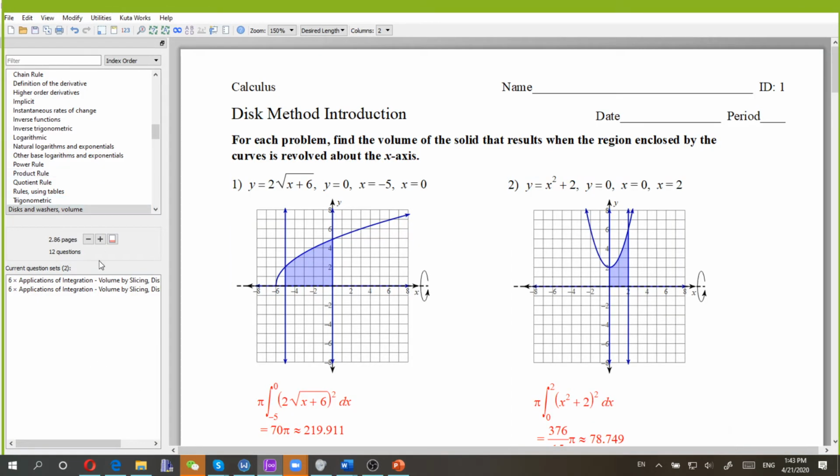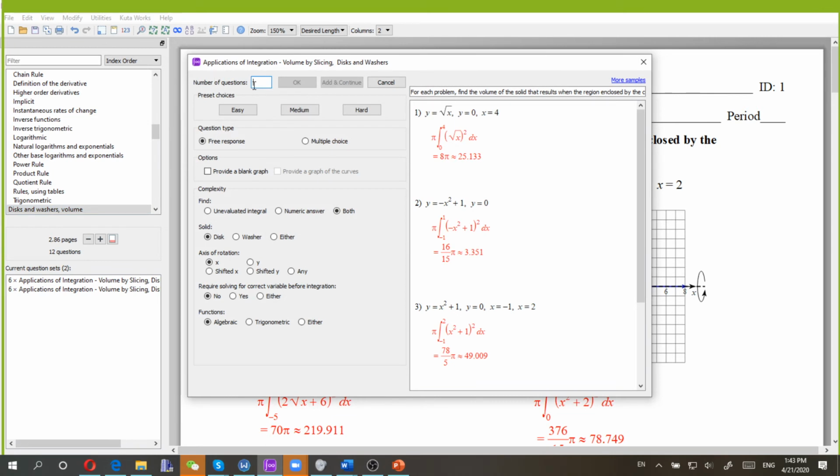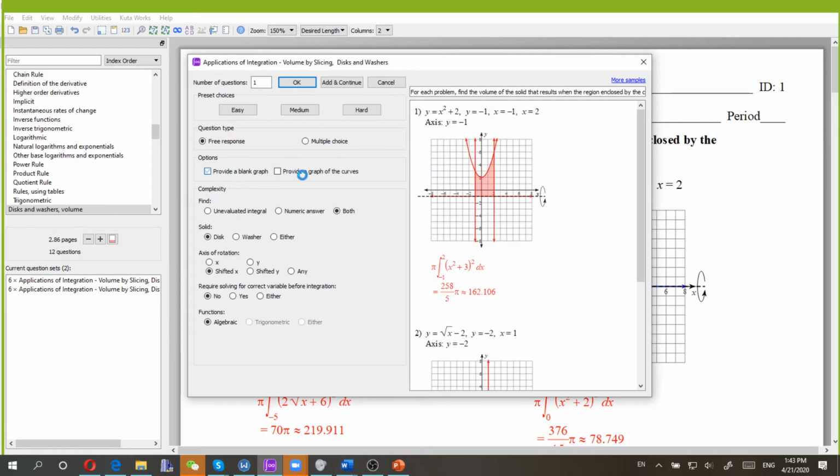I'm going to see if I can make this a little harder. I'm going to generate one that's worse than anything on your homework, but we'll do a shifted x. It's not going to let me do a shifted x for any trigonometric function.